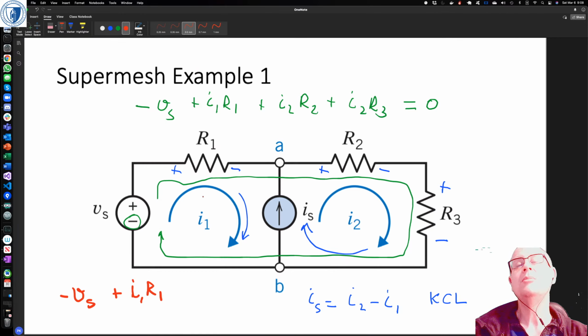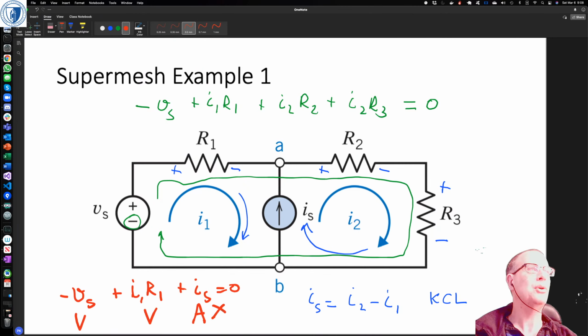And then what I see them doing is just writing it down as plus IS equals 0. And that's wrong, right? Here we've got voltage, here we've got voltage, here we've got current, right? And you cannot add apples and oranges. You've got to have everything in the same units in order to be able to add them.